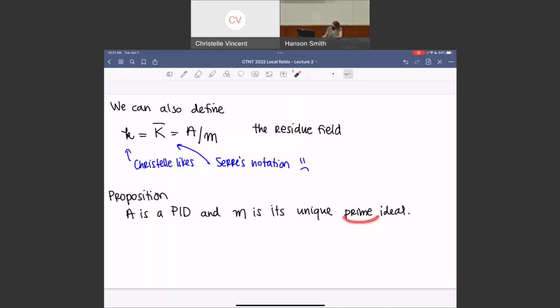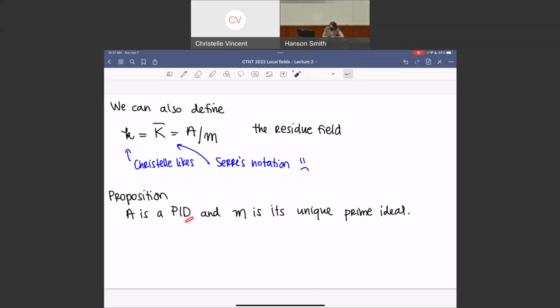So that's a bit more. I said that M was a unique maximal ideal, but actually there's no other prime ideals inside of it either. All the other ideals are not even prime. And A is forced to be a principal ideal domain, which is pretty cool.